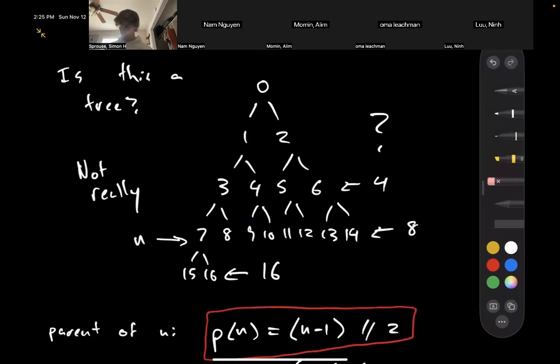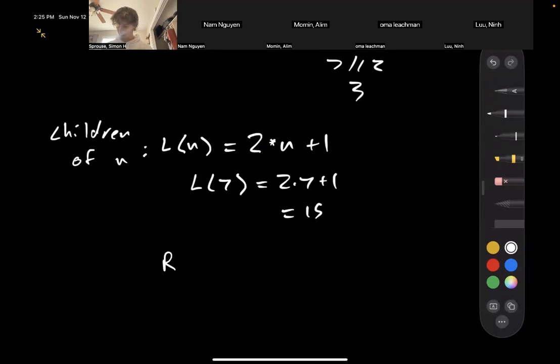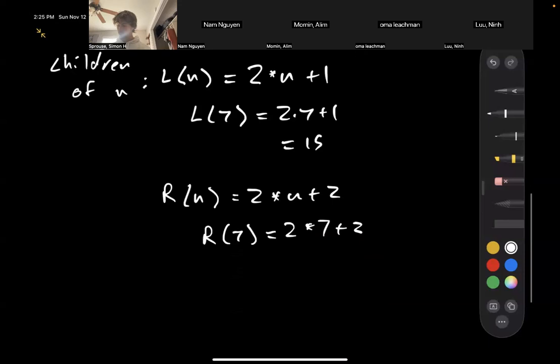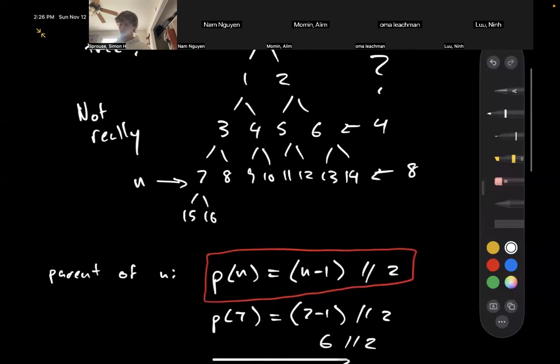And now let's look at the right child of 7, which we know is supposed to be 16 because I drew it here. Say that the right child of n is equal to 2 times n plus 2, right? So let's say the right child of 7 is going to be equal to 2 times 7 plus 2, and this is going to be 16, which seems to check out.